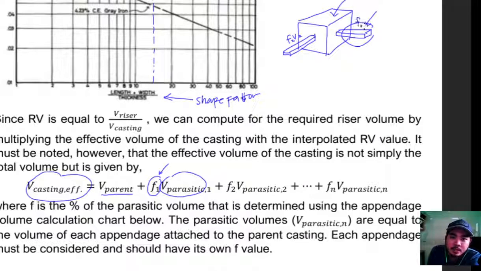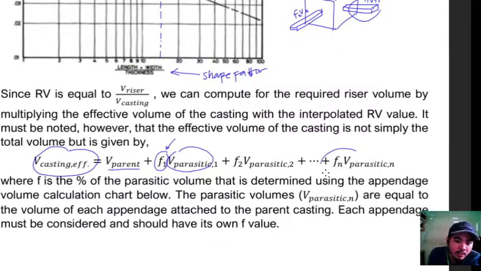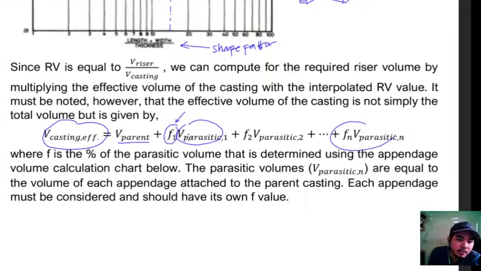Ito, kunwari F1, V1 to. If you have a third one, then this becomes F3, V3, so on and so on until you reach the final parasite. Okay, so summation siya ng lahat ng F value ng parasite multiplied by the volume of the parasite itself. Okay, so to get the percent F, etong F na to, gagamit tayo ng chart.